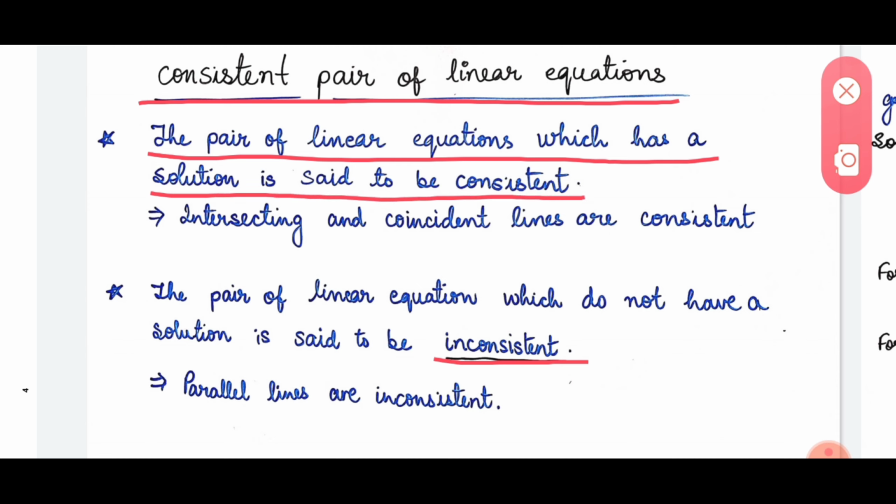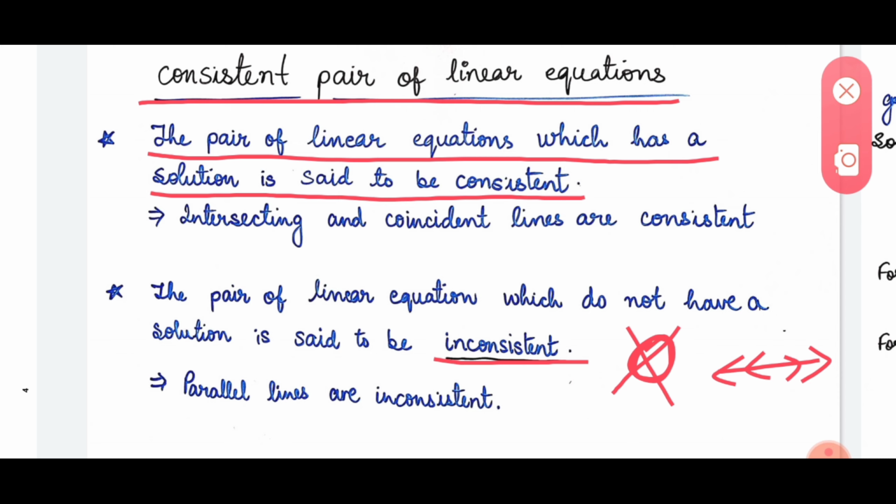After solving the pair of linear equations, if you get a solution, then those linear equations are consistent. And if you don't get a solution for the system of linear equations, then they are known as inconsistent. For example, the intersecting lines have one solution, and the coincident lines have infinitely many solutions.